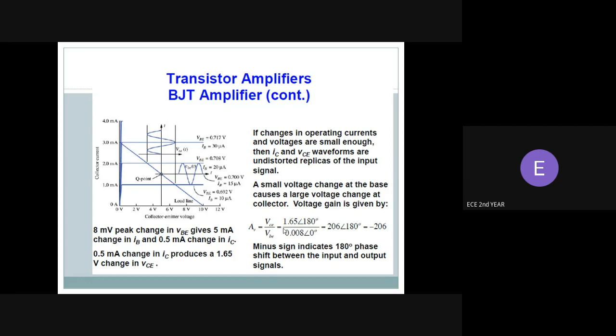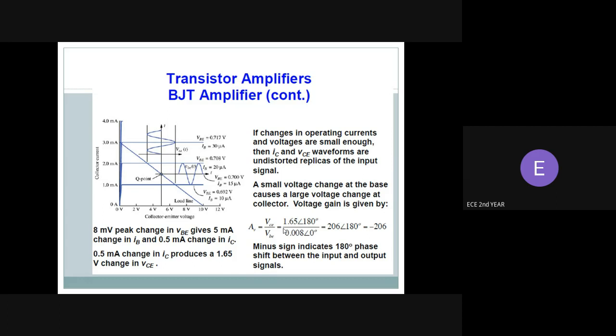If the changes in operating current and voltage are small enough, then the IC and VC waveforms are undistorted duplicates of the input signal. A small voltage change at the base causes a large voltage change at the collector.